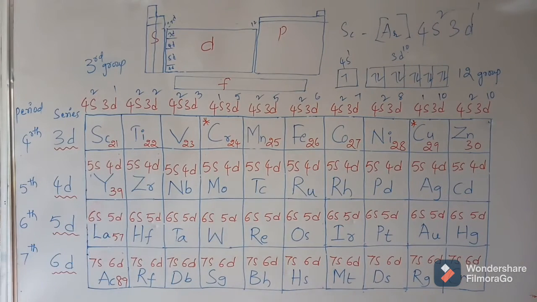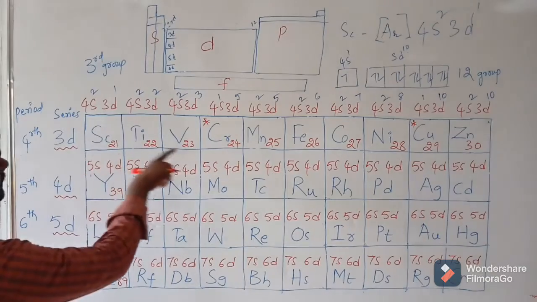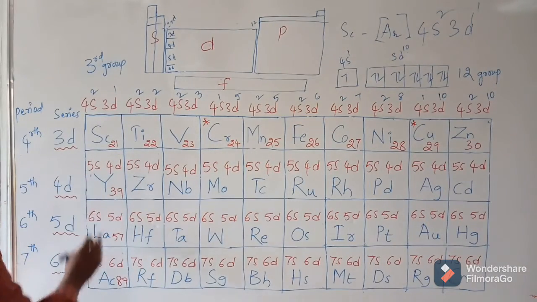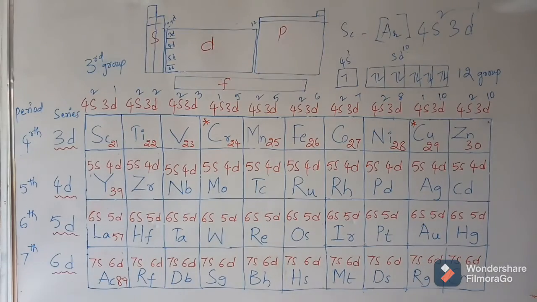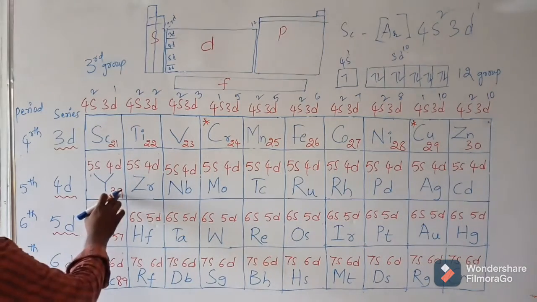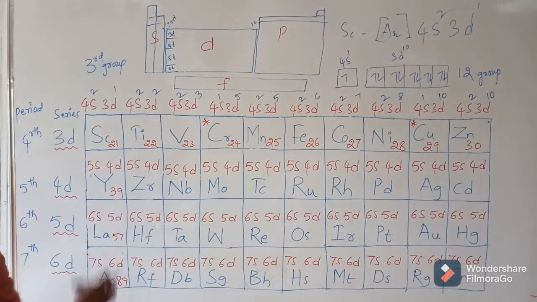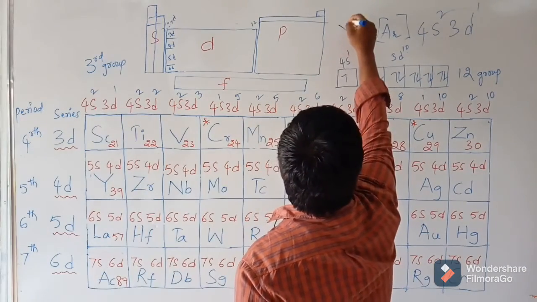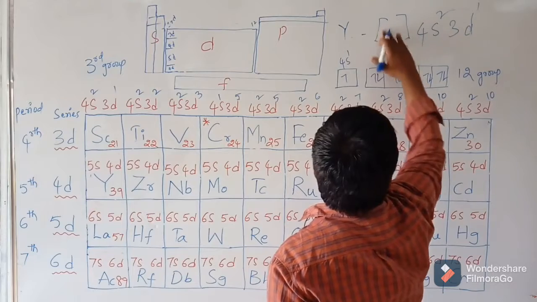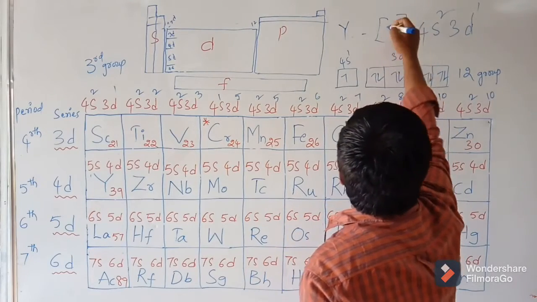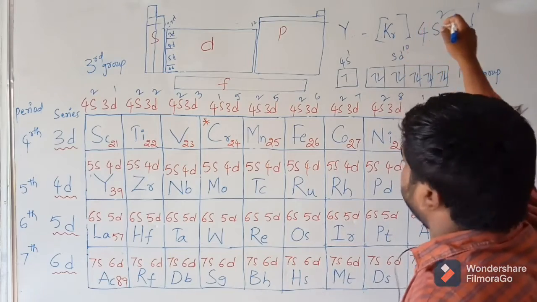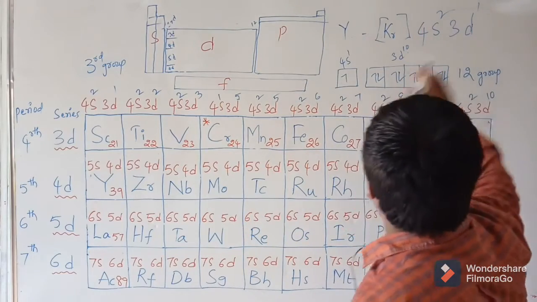And the next one, after the 3d series, is the electron configuration of the 4d series. Atomic number of yttrium is 39. Next we are using noble gases. The electron configuration is krypton, atomic number 36. So 39, remaining 3.